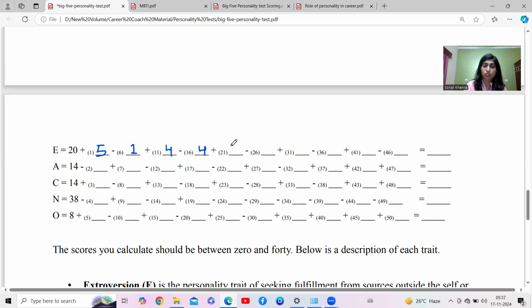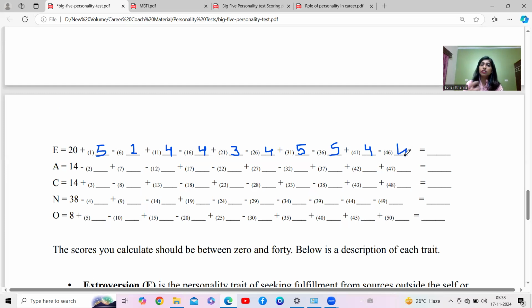In 21, it's 3. In 26, again, it's 4. In 31, it's 5. In 36, again, it's 5. In 41, again, it's 4. In 46, it's again 4.